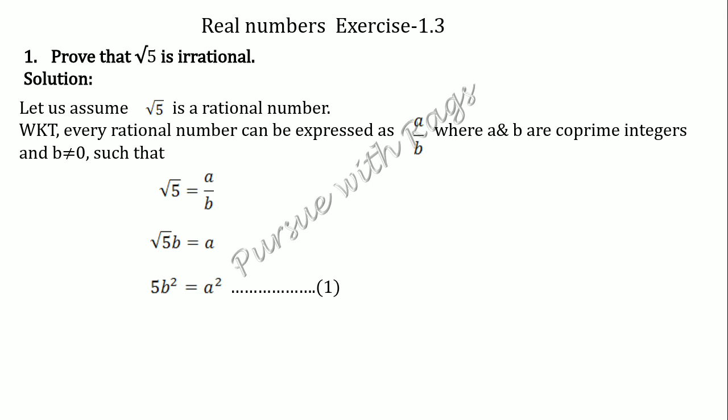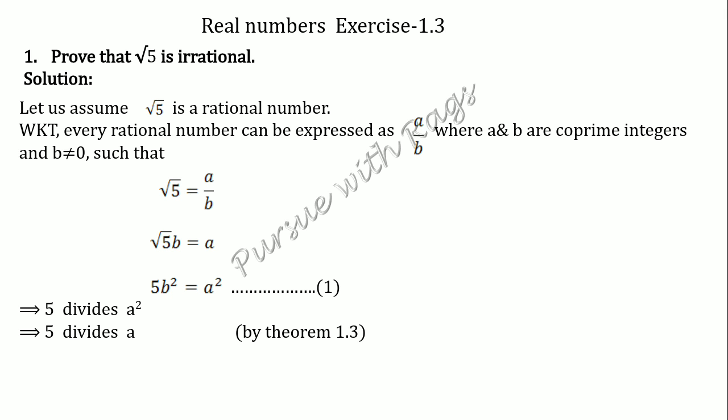From this equation, what can we tell? This 5 divides A square. When you take this 5 from LHS to RHS, we will get B square is equal to A square by 5. So obviously this 5 divides A square. If 5 divides A square, then definitely 5 divides A, by theorem 1.3.